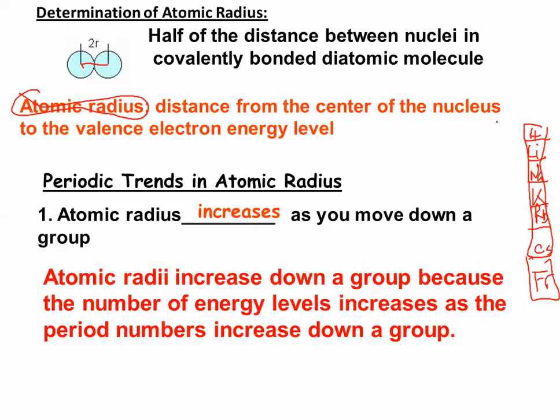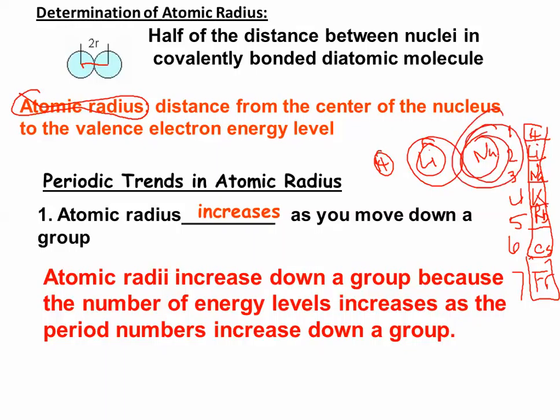So this is in the first period, second, third, fourth, fifth, sixth, seventh. So, hydrogen has one energy level. Lithium has 2 energy levels. Sodium has 3. So basically, as you move down, you're adding another level of electrons to those, and atomic radius is increasing.